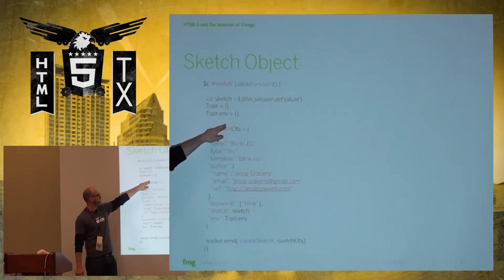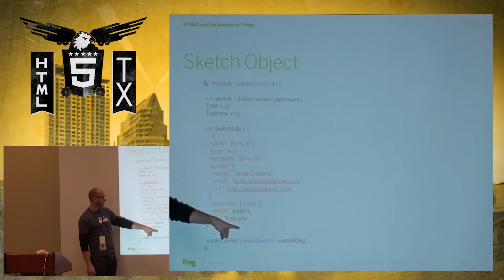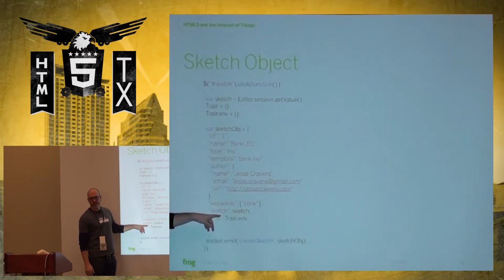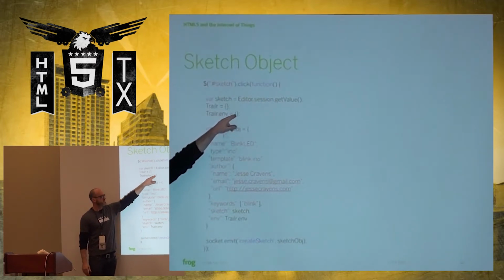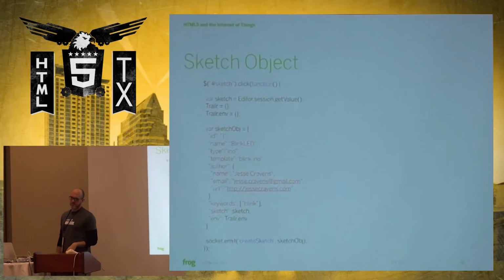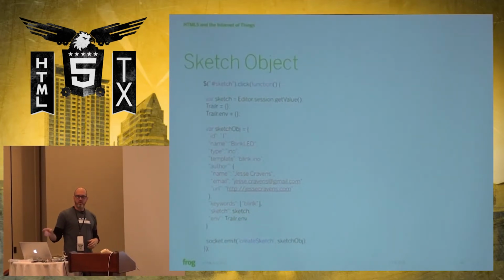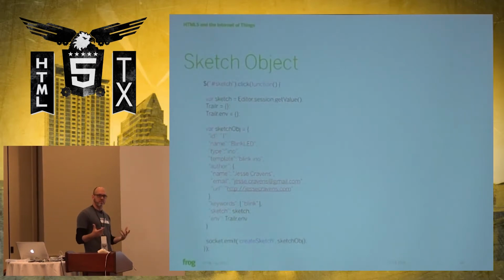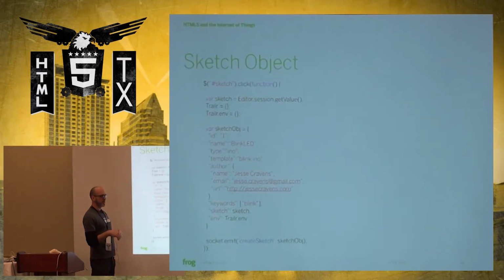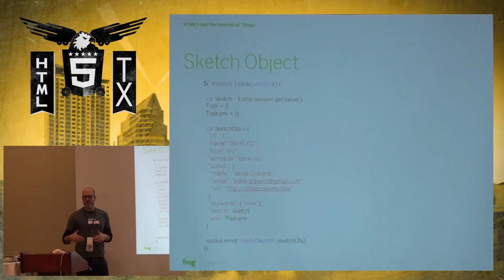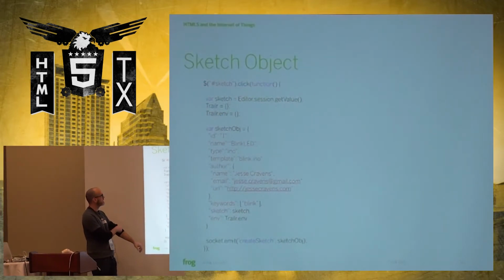Now, I don't have this hooked up yet, but what this is going to do, you'll notice that it's plugged into the object down here too, is hold IP addresses of other Arduinos or microcontrollers within the environment, and descriptions of what they are, what kind of microcontrollers they are.